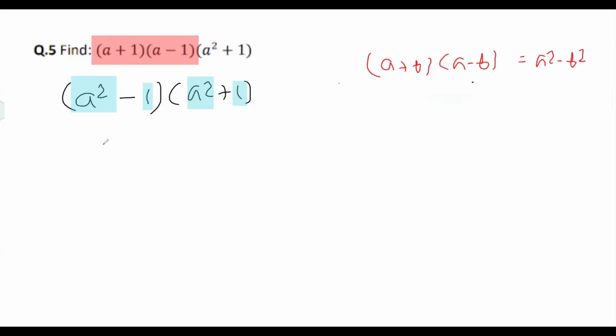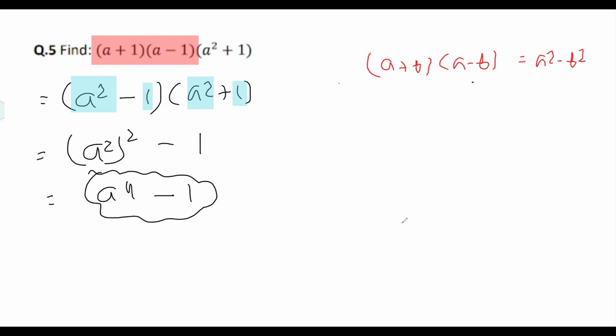So this will give you a square, where a is this and its square is this, minus b, which is this, and its square is 1 square. As I said, 1 square is 1 only. So you can now say that a square whole square is a raised to the power 4, and minus 1. So therefore, we'll say this is the simplest form, or after finding the product, we'll get this.